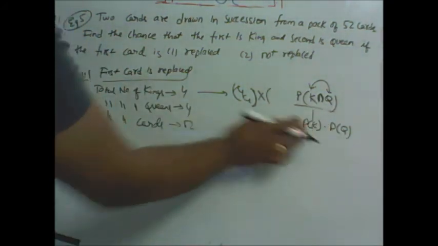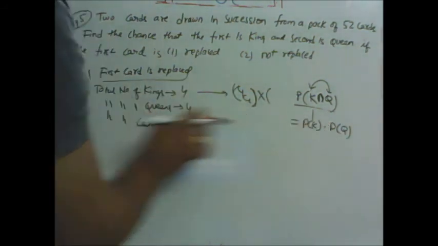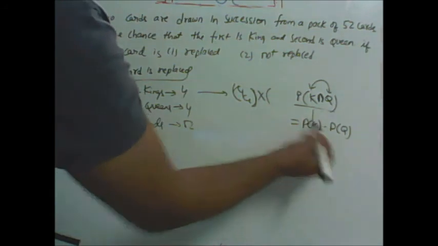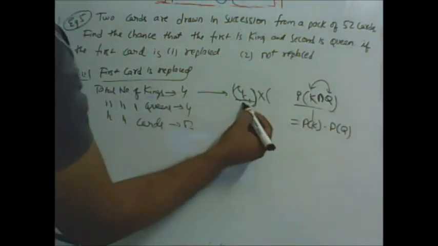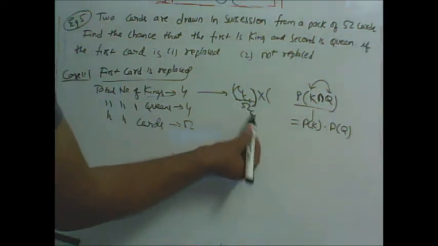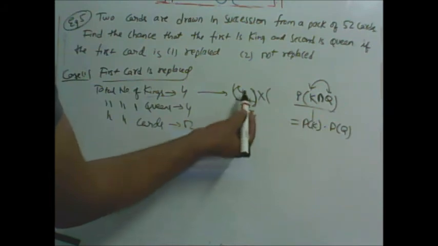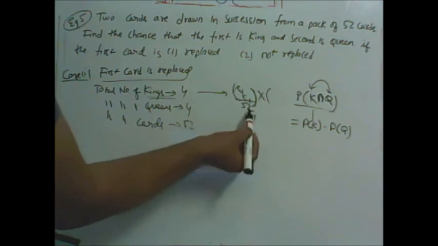So for king to occur out of 4C1 chances, and for queen to occur, as the card is replaced, again the probability that king occurs is 4C1 by 52C1. Out of 52, 1 card we are drawing, that is the total possibilities, and our king requirement is 4C1.